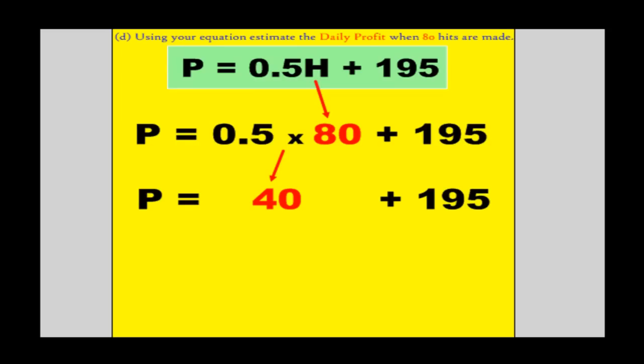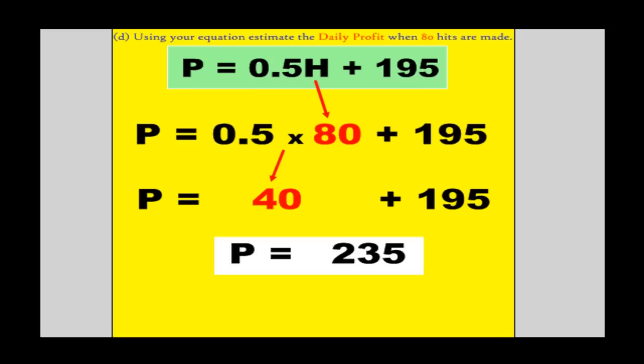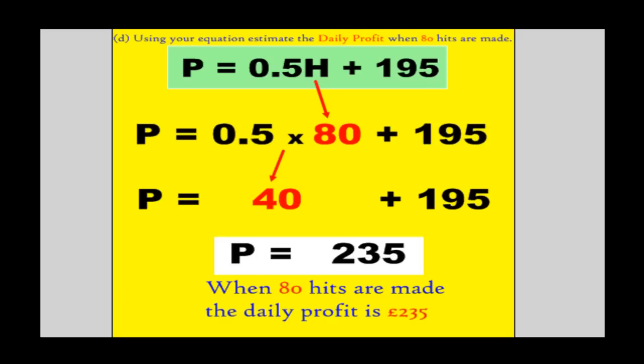So that's 40 plus 195. 40 plus 195 is 235. So P is equal to 235. So when 80 hits are made, the daily profit is £235.